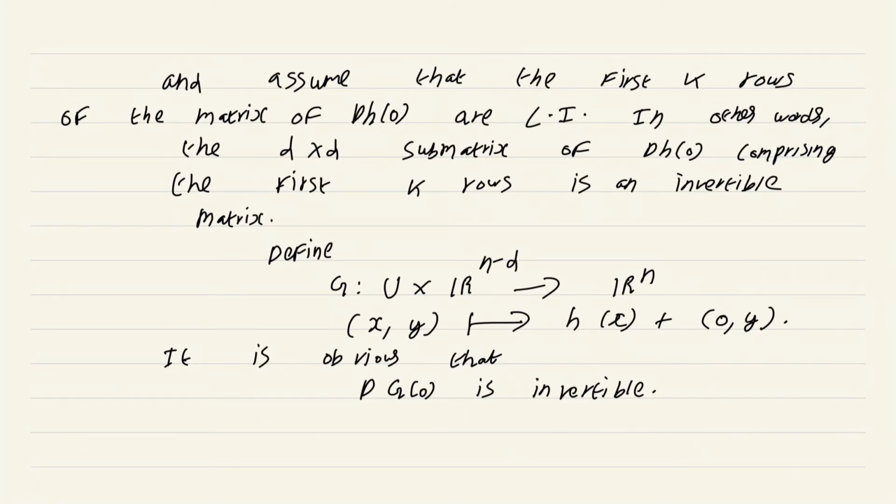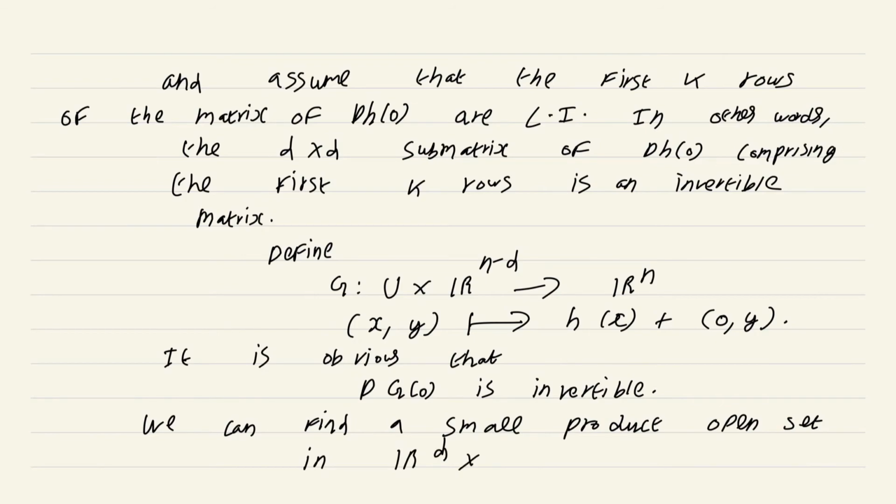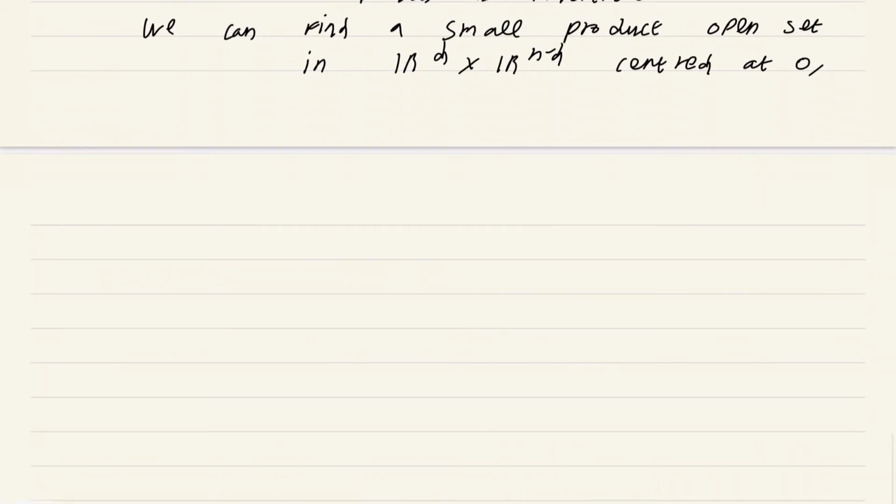Now that we have shown that dG of 0 is invertible, or rather you are going to show that, we can apply the inverse function theorem. What does the inverse function theorem say? Well, we can find a small product open set in R^d cross R^(n-d) centered at 0, say V1 cross V2. So V1 is an open subset of R^d, V2 is an open subset of R^(n-d).